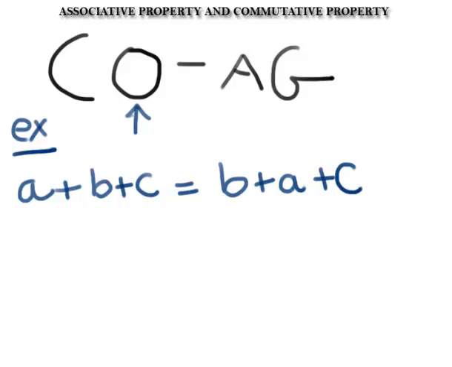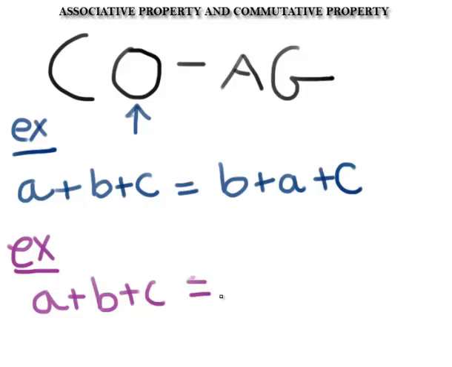Alright, let's take another look at a different example. Let's say we have A plus B plus C, keeping the order the same. Again, the right hand side will be A plus B plus C also, but we're going to group them differently.